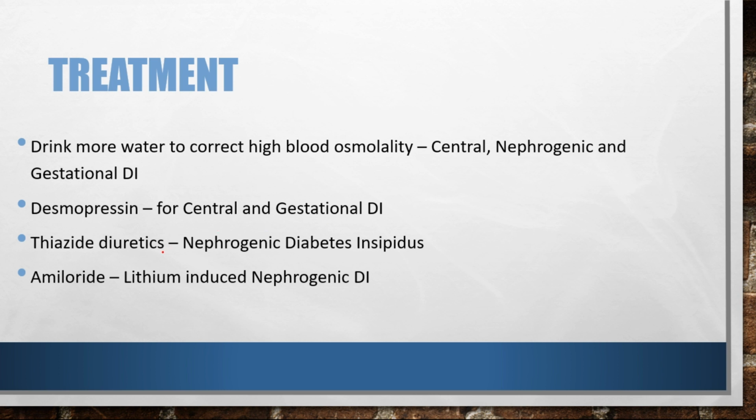Thiazide diuretics are given in nephrogenic diabetes insipidus because these diuretics will create an environment of mild hypovolemia, and when there is hypovolemia, this encourages more water and salt reabsorption from the kidney tubules, and that will reduce polyuria. Amiloride can be given in lithium-induced nephrogenic diabetes insipidus, as this will reduce the transcellular transport of lithium and the intracellular concentration of lithium.